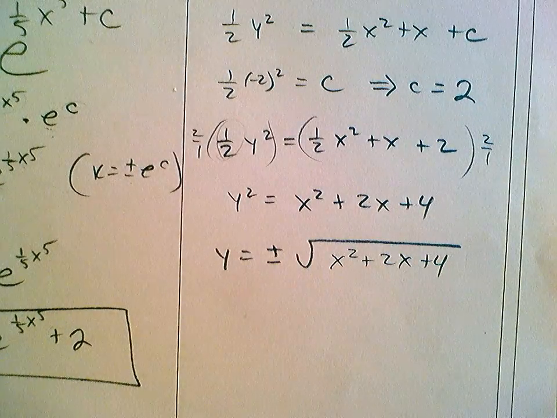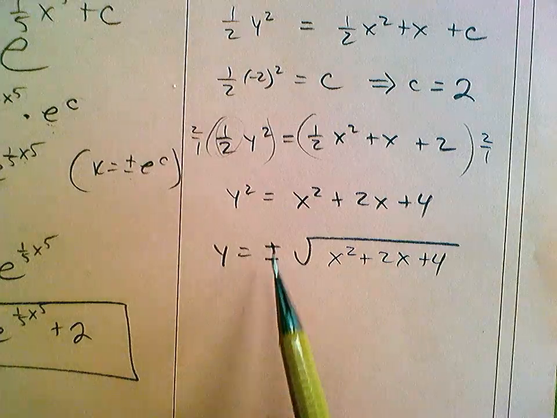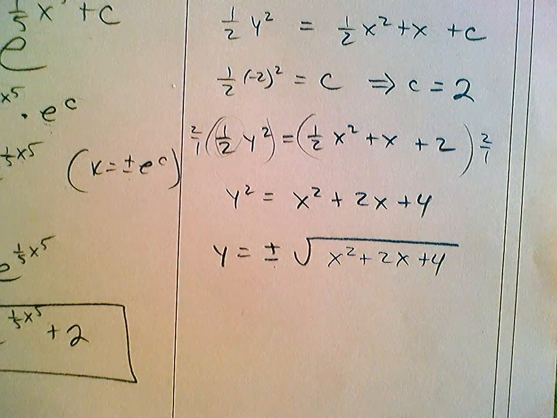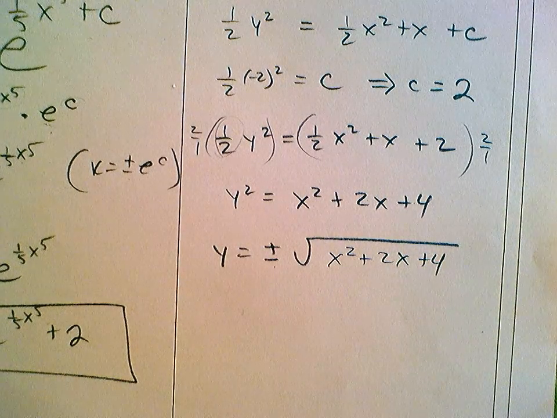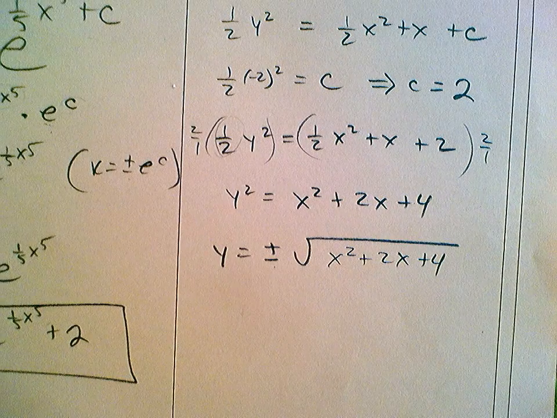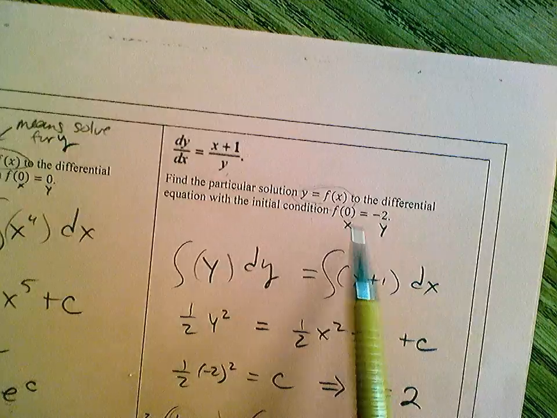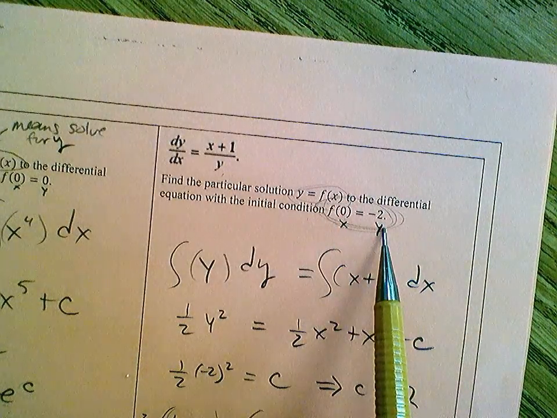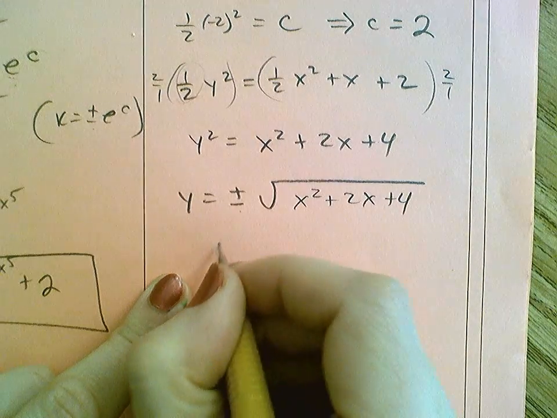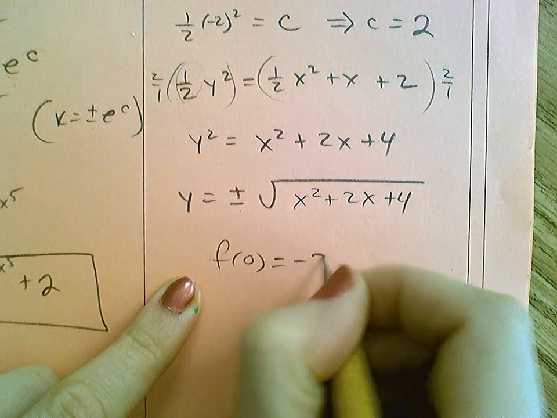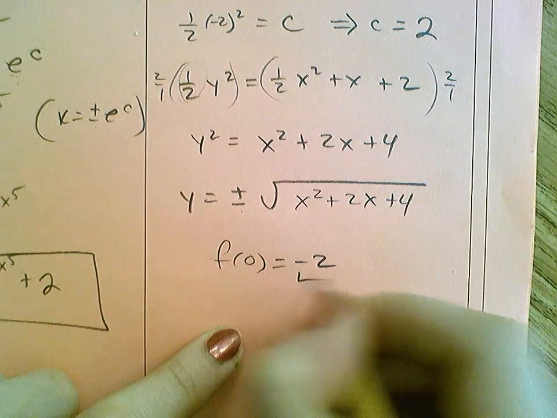Now here is the thing. Is it the plus or is it the minus? It can't be both. The way that you figure out is that you go back to the initial condition. Always go back to the initial condition. So f of 0 equals negative 2.